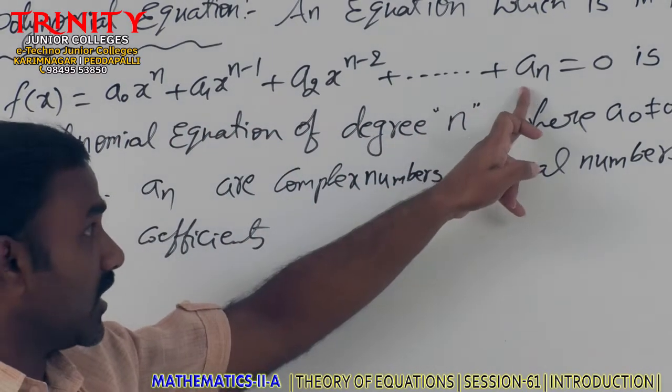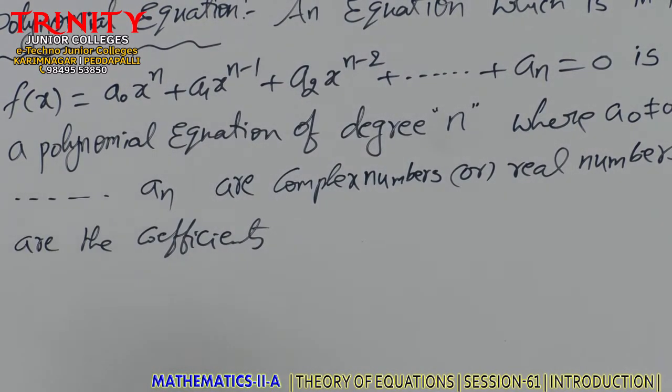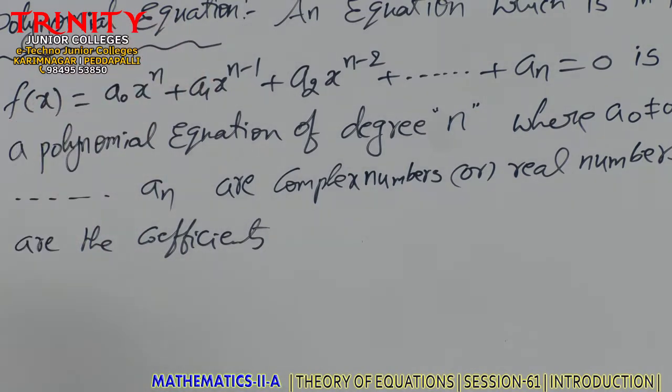An is called what? A constant, and a naught is the leading coefficient. Therefore this is the polynomial equation of degree n.